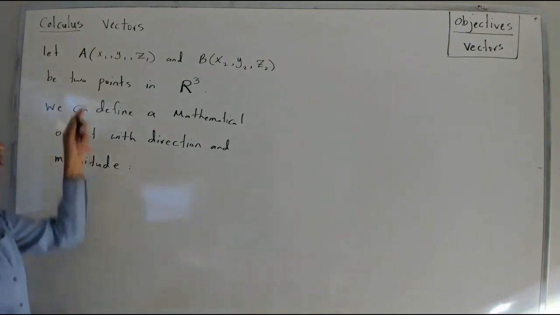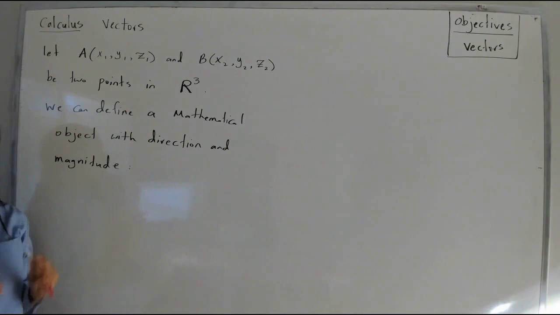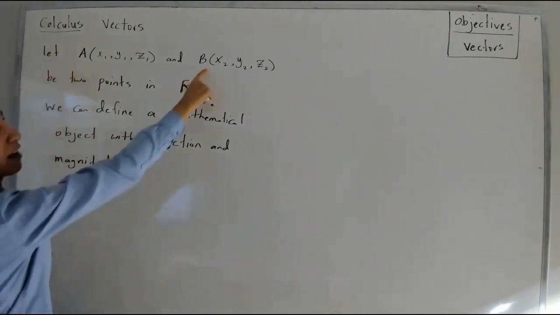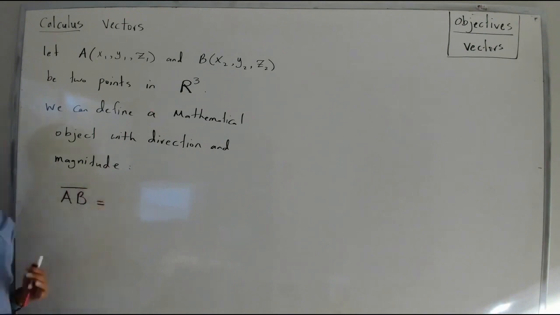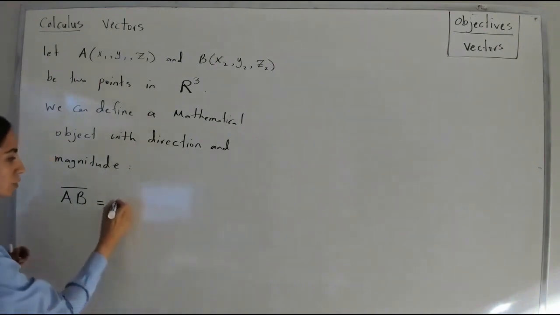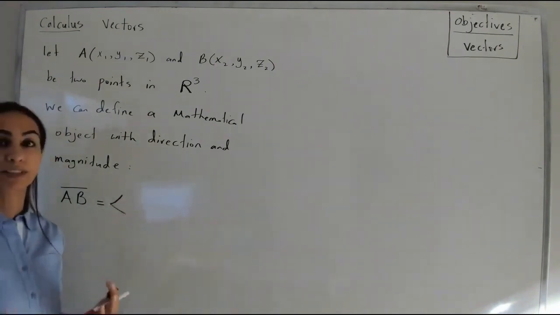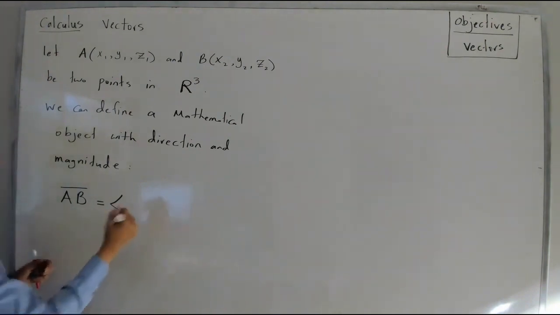So suppose you start from point A and you're reaching out to point B. They have the initial point A and they have the terminal point B. We can construct this new mathematical object AB, which is defined as, well, instead of using parentheses, we're going to use a new set of symbols that represent this new object. Vector.